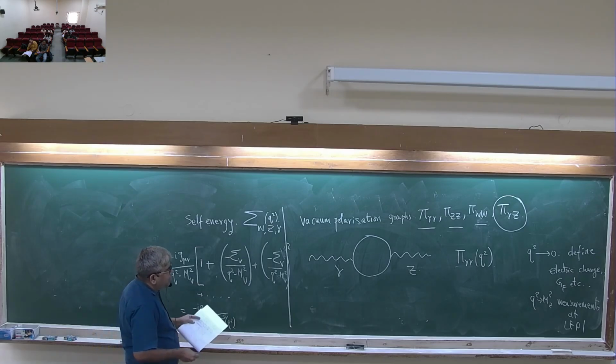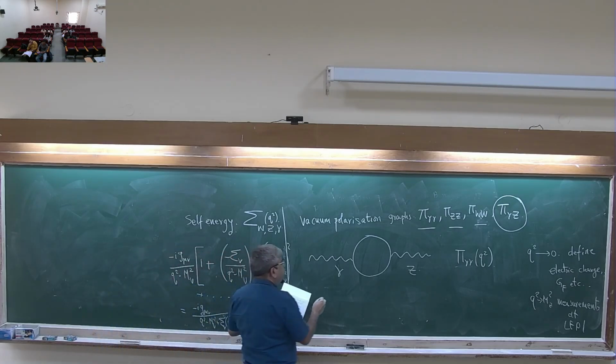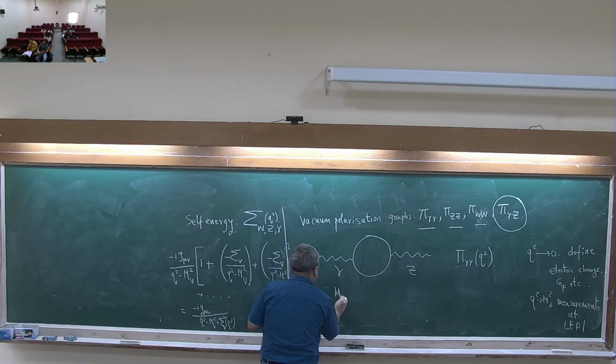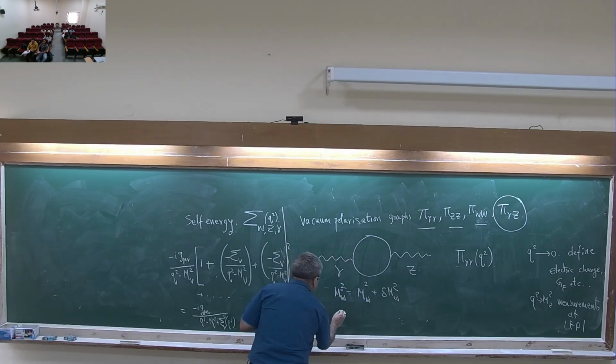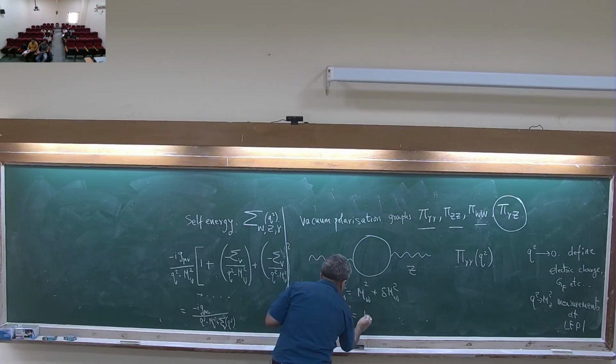So after renormalization, the way you do renormalization is essentially mW0 squared is equal to mW squared plus delta mW squared, and mZ0 squared is equal to mZ squared plus delta mZ squared.